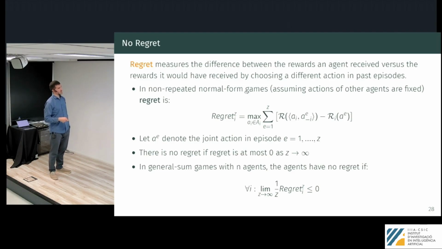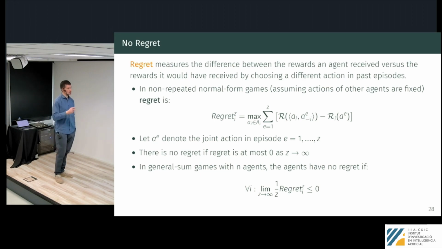In a non-repeated normal form game, assuming that the other agent's actions remain fixed, the regret is defined as shown here. It is the maximum over actions A, where if you go through all the episodes that we played in the past and swap the action that we actually played with the action we're picking here, it is the difference in the rewards that we got.